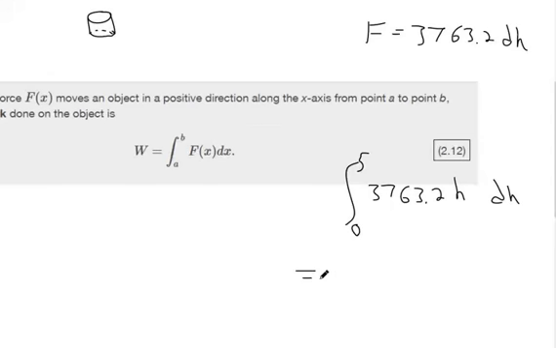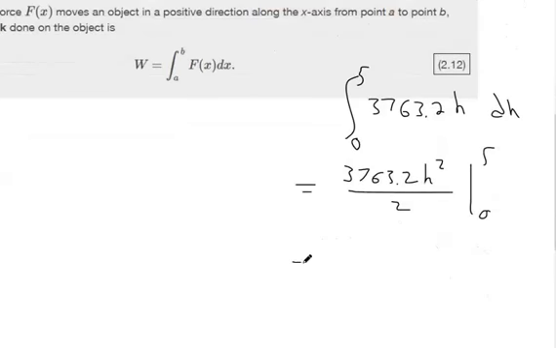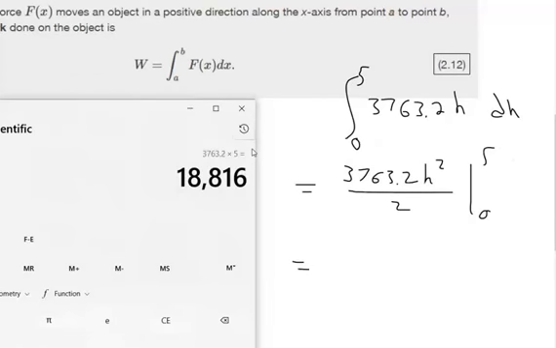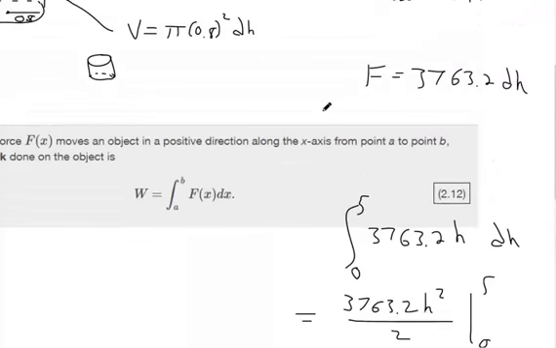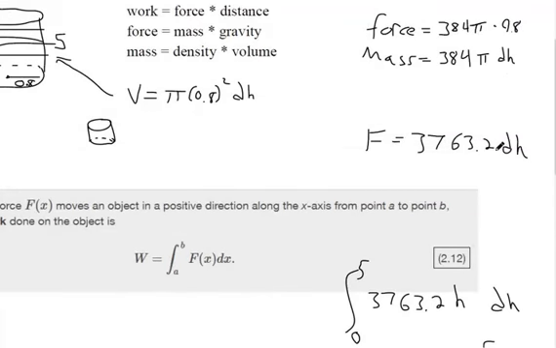So if you integrate that with respect to h, then we've got 3,763.2 h squared over 2 from 0 to 5. And then if you plug in 5 squared times 3,763.2 and then divide that by 2, I've got, I dropped pi right here.